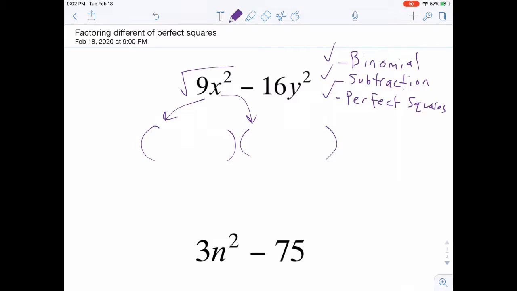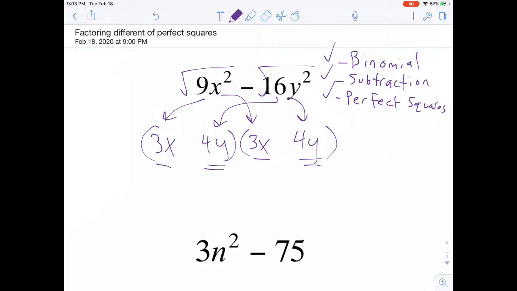Deal with your numbers first. The square root of 9 is 3. The square root of x squared is x. Then I take the square root of 16y squared, which is 4y. Remember, it has to be the same terms in both parentheses here.